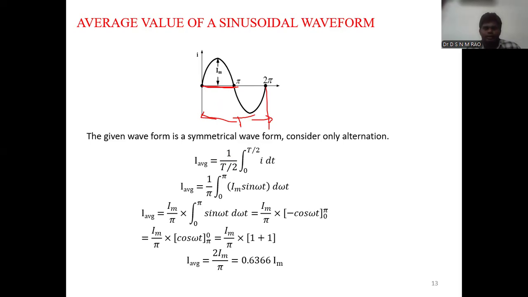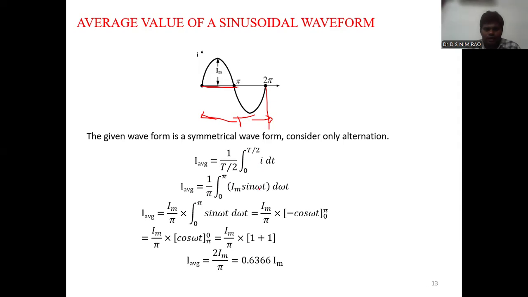So the average value formula is 1 by T by 2 integral 0 to T by 2 of I dt. Here T by 2 is nothing but pi, the base length. So I average equals 1 by pi integral 0 to pi.